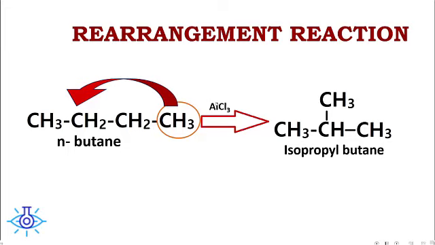Since aluminum chloride has aided the isomerization of n-butane to isobutane, we can also call this an isomerization reaction. We already know isomers are compounds having the same molecular formula but different structural formula. Here the difference is in the chain, and hence both are chain isomers.